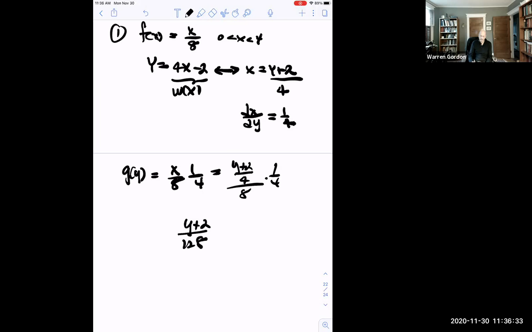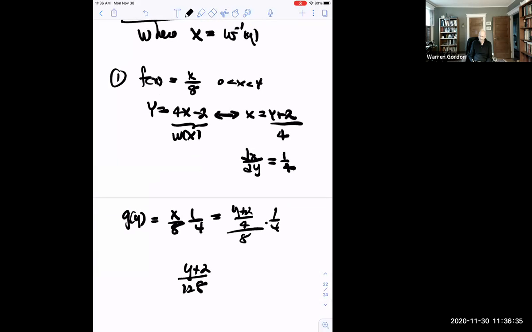And of course, the interval is the same as before. When x is 0, y is negative 2. And when x is equal to 4, 16 minus 2 is 14. So notice here, I didn't have to worry about any absolute value because the derivative was positive.